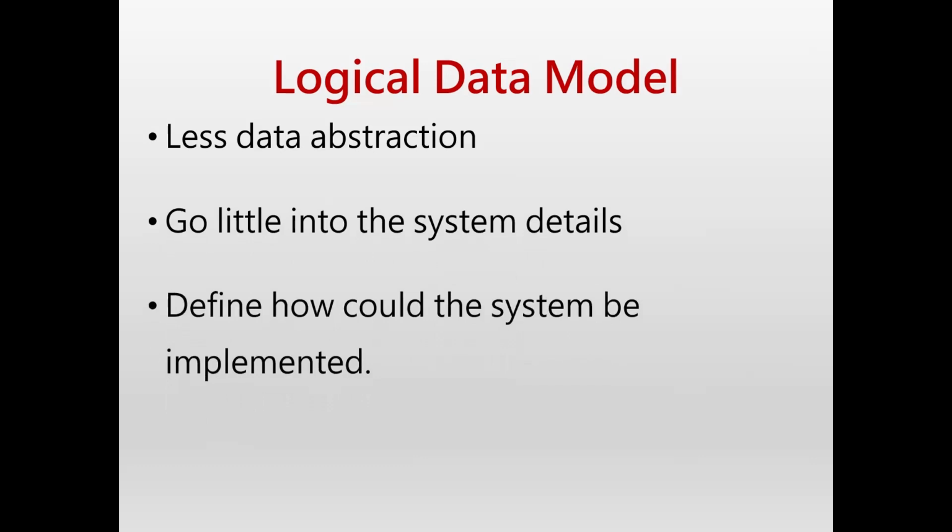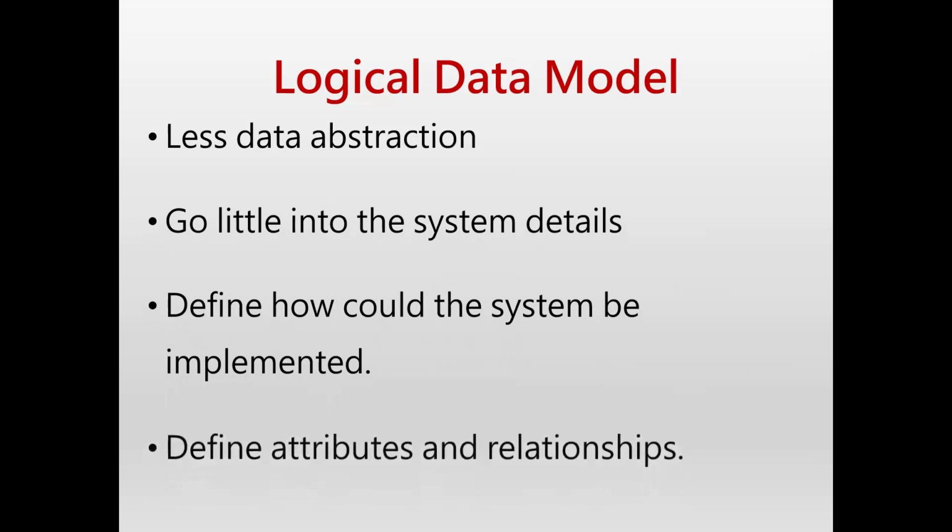When I get some details about the system in this step, I start to understand how to implement this system. And I will start to define the attributes and relationships. So now in this step, the logical data model, I will come to the point of what the tables involved are, what the attributes of these tables are, and the relationships between them.